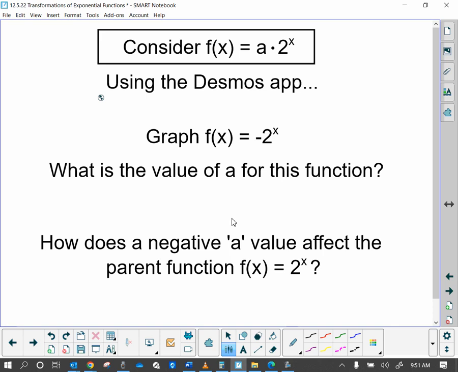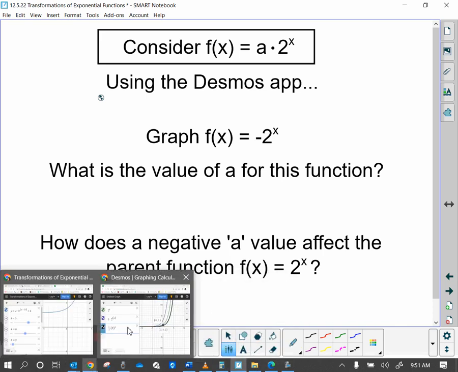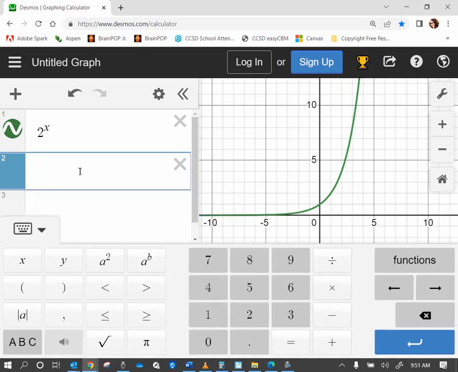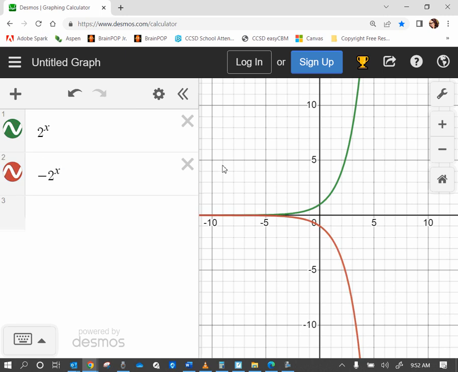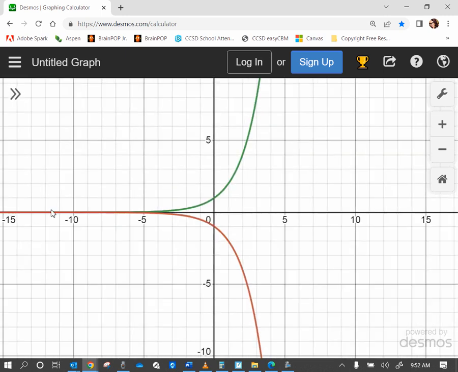If we have our parent function 2 to the x power, again here, but then we make it negative 2 to the x power. That is a reflection across the x-axis. So we're starting out at green, we make it negative, it's a reflection.